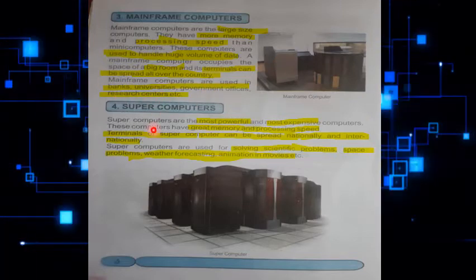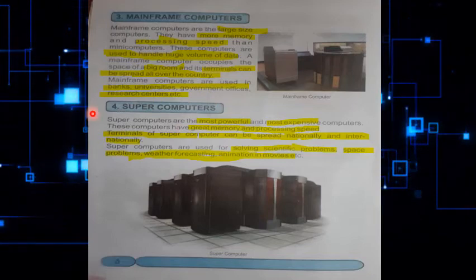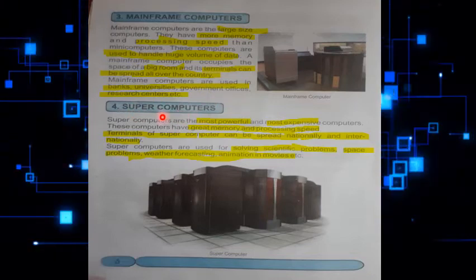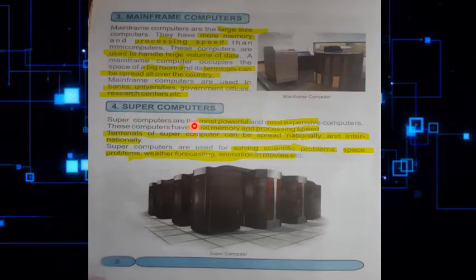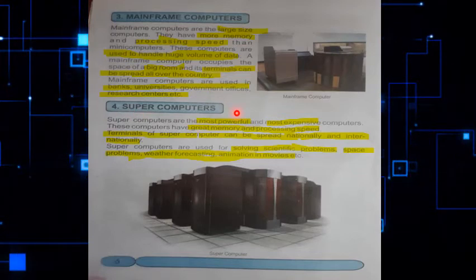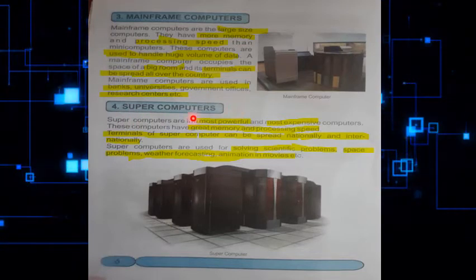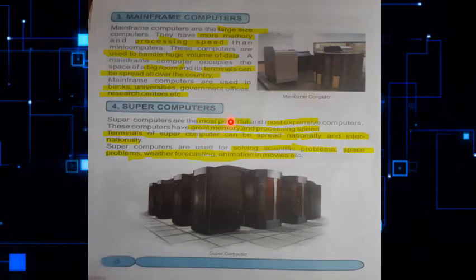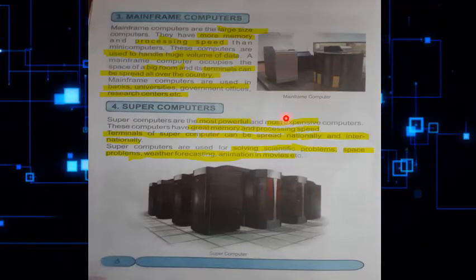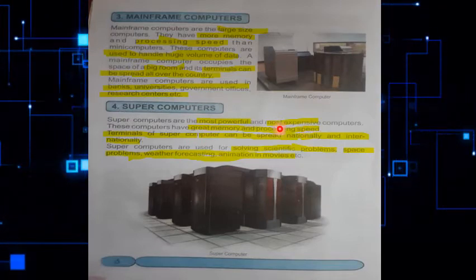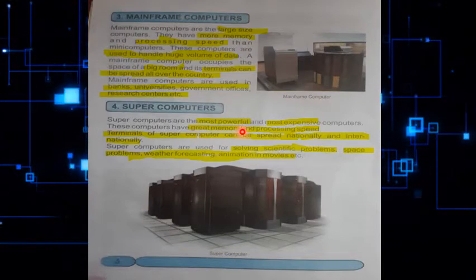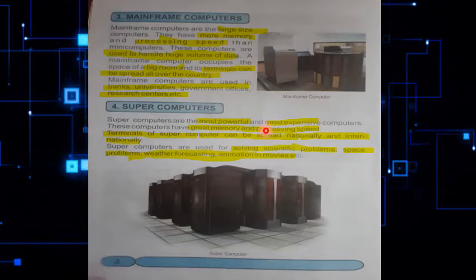And the last type of computer according to size is supercomputers. This is the fourth type of computer, so it is the most powerful and most expensive, and it has great memory and processing speed.